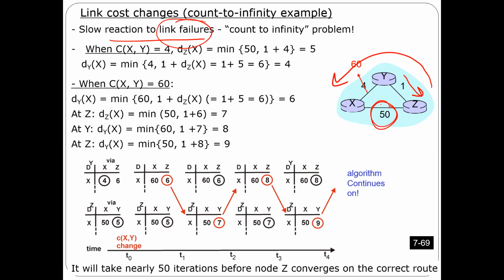For example, if there is a link failure, this number will be a very large number. For example, this one was 4, and because of a failure, it increased to 60, a big jump from 4 to 60. This will take a lot of time until you reach convergence.